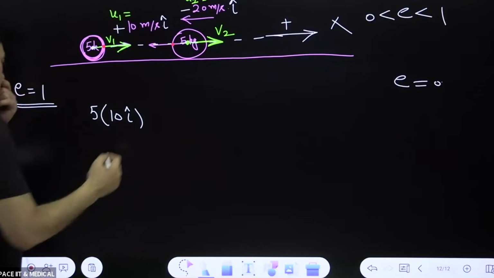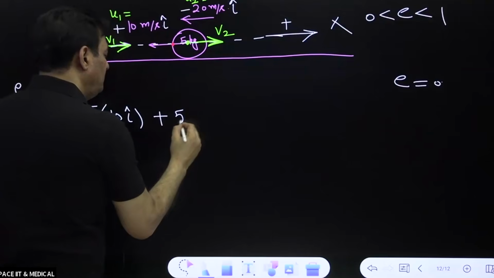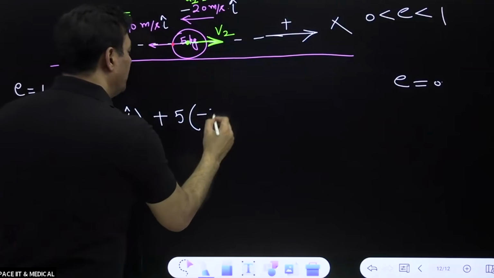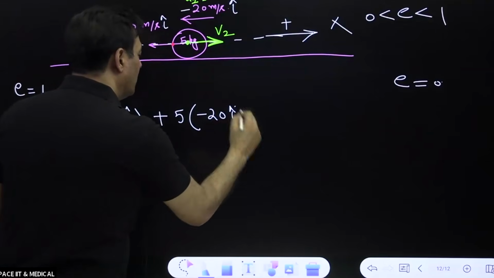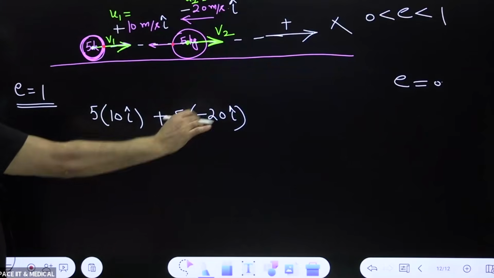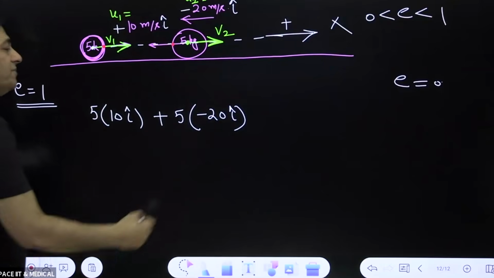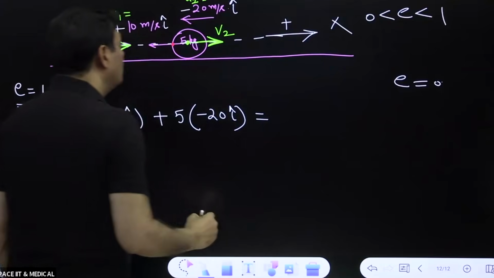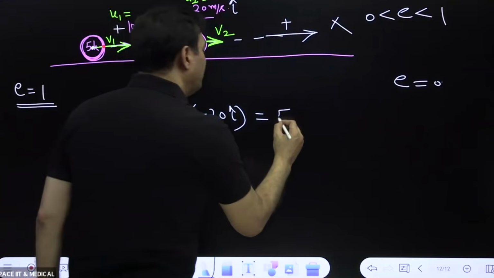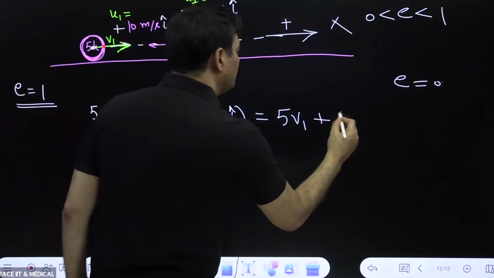Momentum is a vector. For this body, minus 20 kg meter per second. Units you have to write on your own. Initial momentum of the whole system is this, before collision. After collision, the linear momentum will be 5 V1, right direction is positive, plus 5 V2.